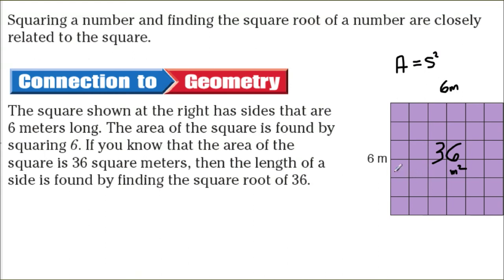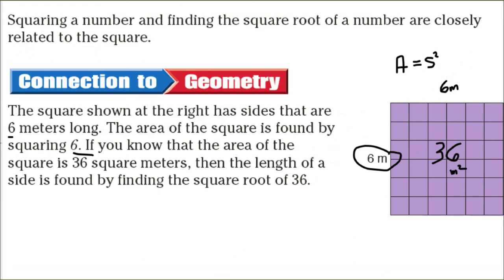And the root of that square, or one side of that square, is 6. And that's why it's called a square root. Because the 6 and the 6 right here become the dimensions of your square to create the area, which is 36 square meters.